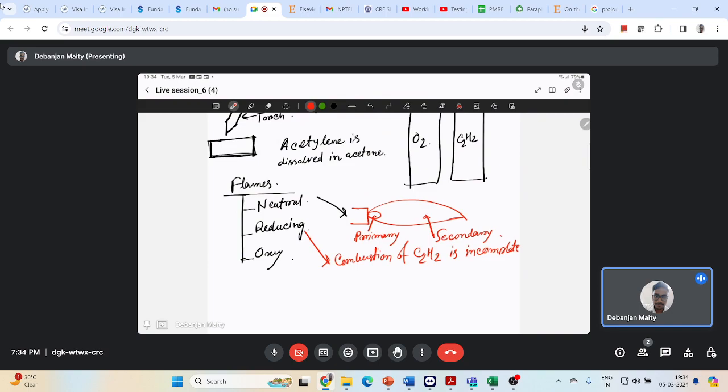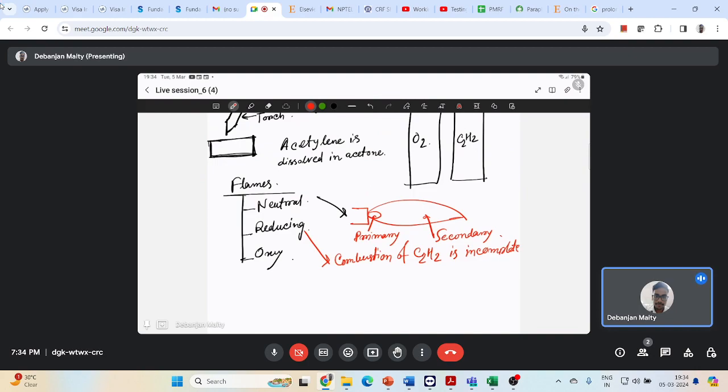As a result, there will be a different color of this flame. It comes up with a greenish color of acetylene feather, which will form between your inner core and outer envelope, right?